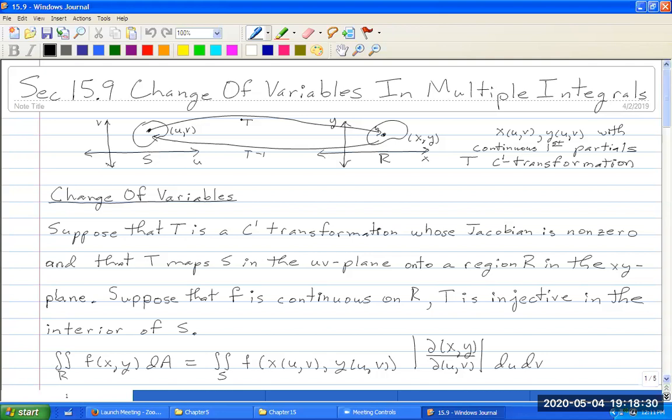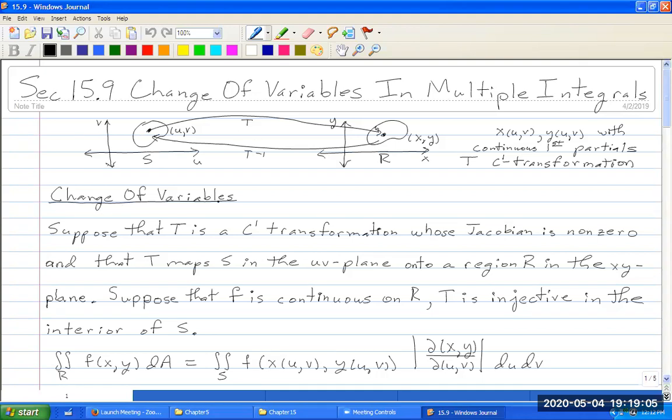And suppose I have some transformation, T, which transforms this region S into this region R in the XY plane. So suppose that UV is transformed by T to XY, and it's so nice that it also has an inverse transform that transforms R into S in the UV plane.